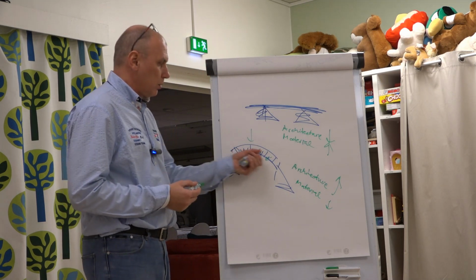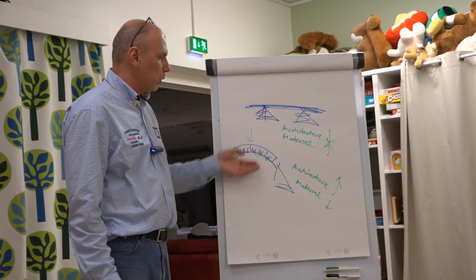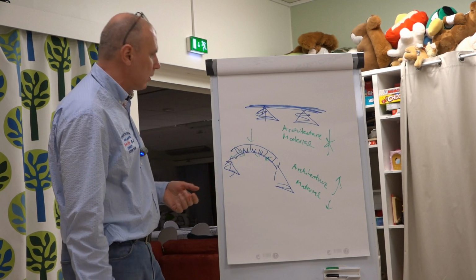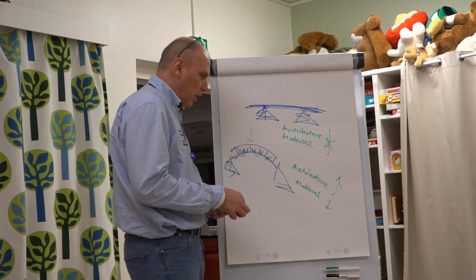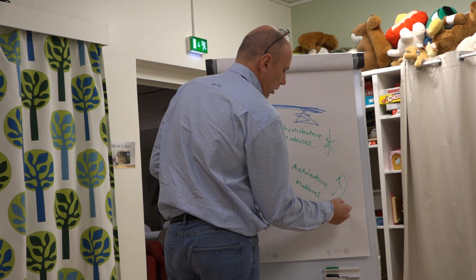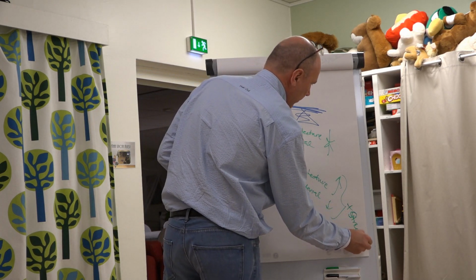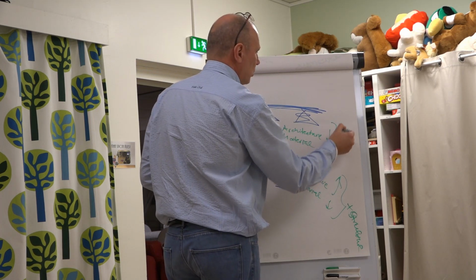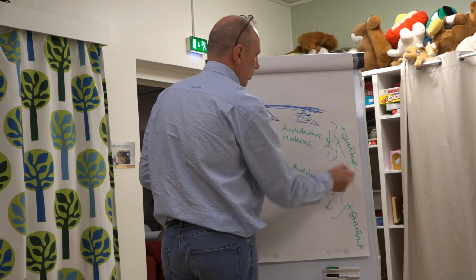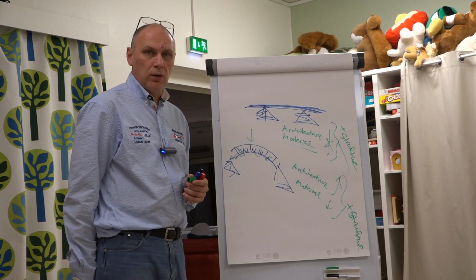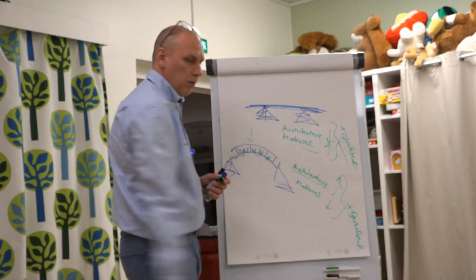This is a cheap, low-cost, simple material, but thanks to the architecture you can make a good structure. So here a good structure is made thanks to the expensive material, and here it's made via good architecture.